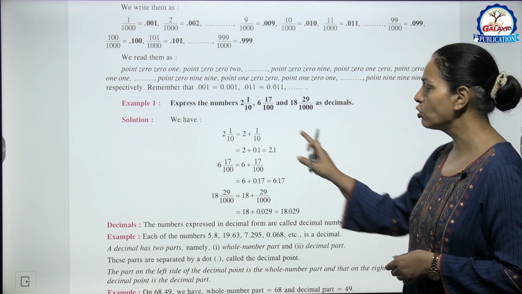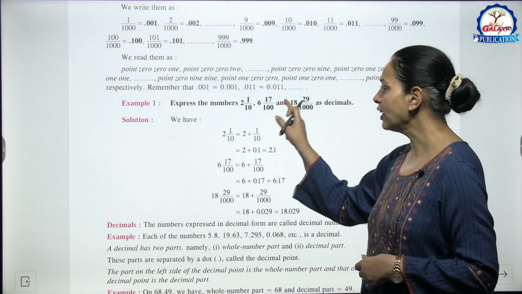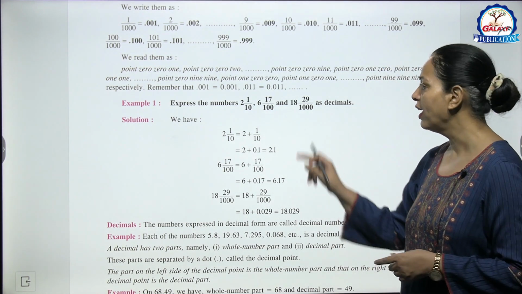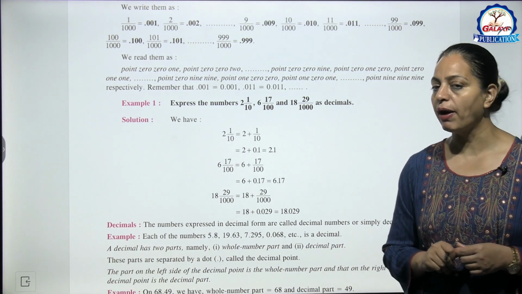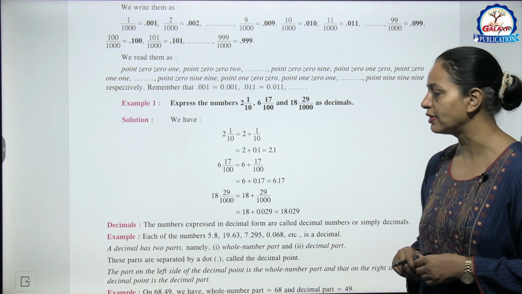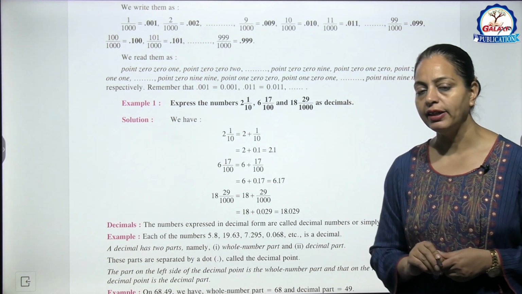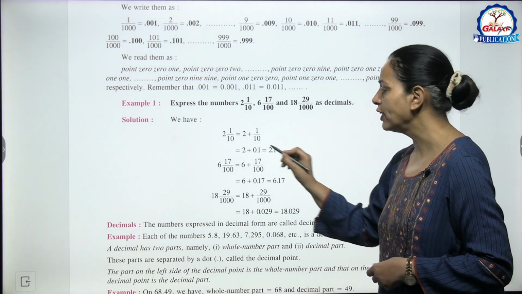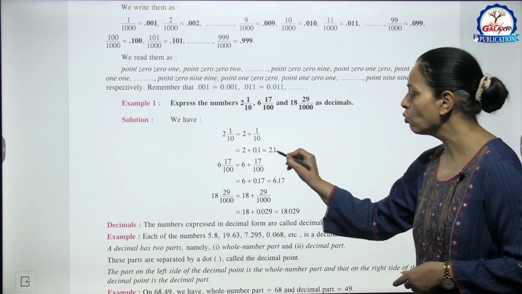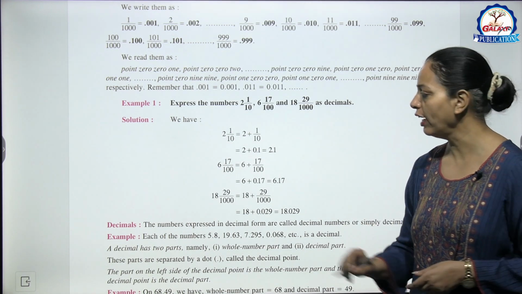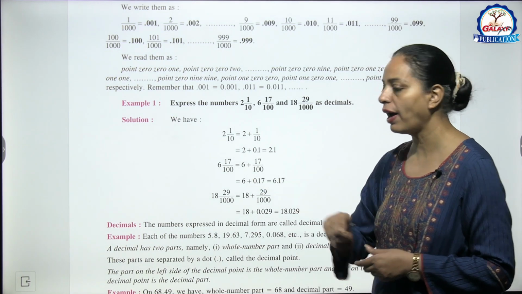Okay, now example 1. Express the numbers 2 whole 1 by 10, 6 whole 17 by 100 and 18 whole 29 by 1000 as decimals. So 2 whole 1 by 10 means 2 plus 1 by 10. So 1 by 10 means 0.1. So it becomes 2.1. Okay. Now 6 whole 17 by 100.